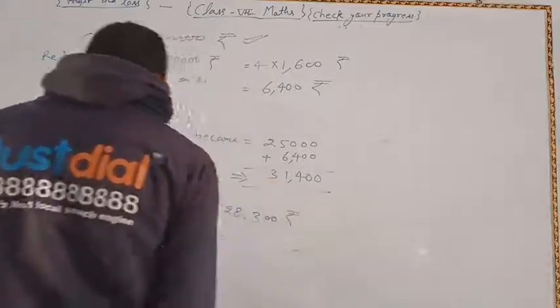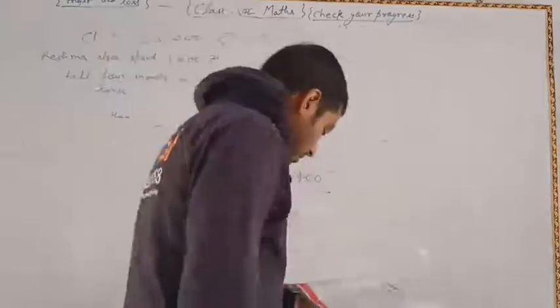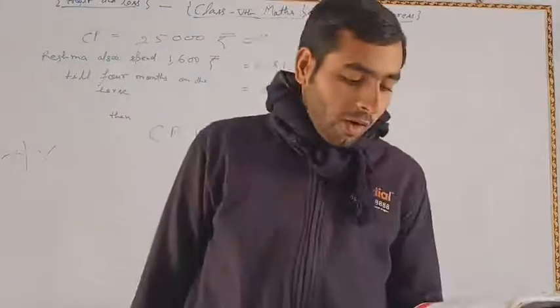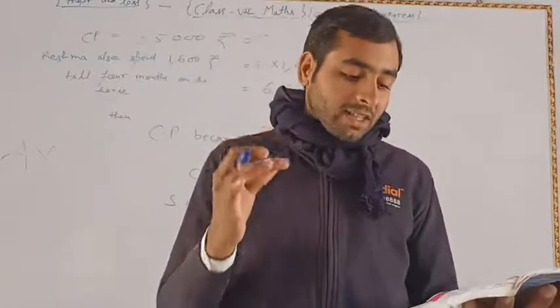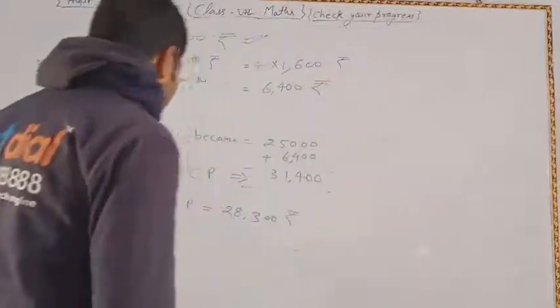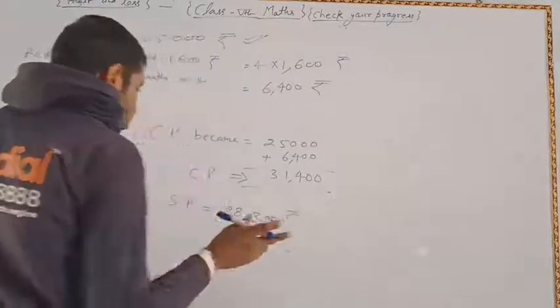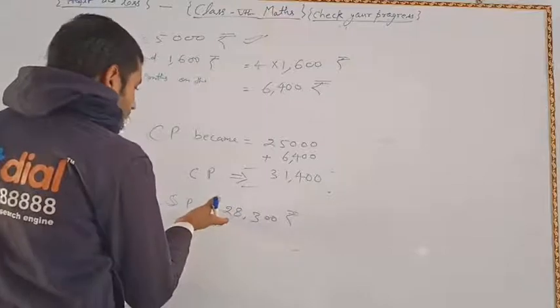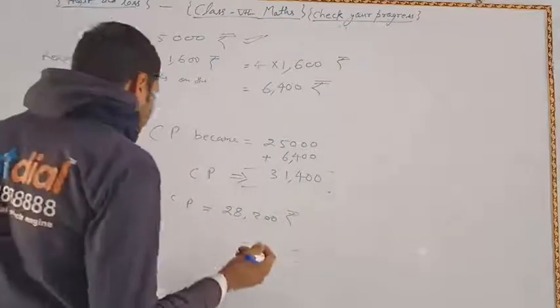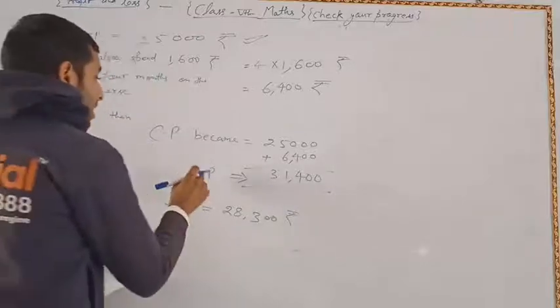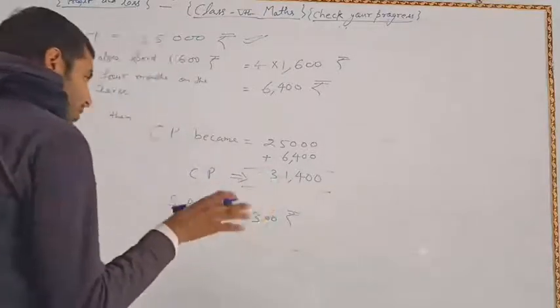Okay, then in this question you have to find what profit or loss percent Resma bore. So here we can see that in this question it is a loss, because SP is less than CP. Okay, and when the selling price is less than the cost price, then it is a loss.